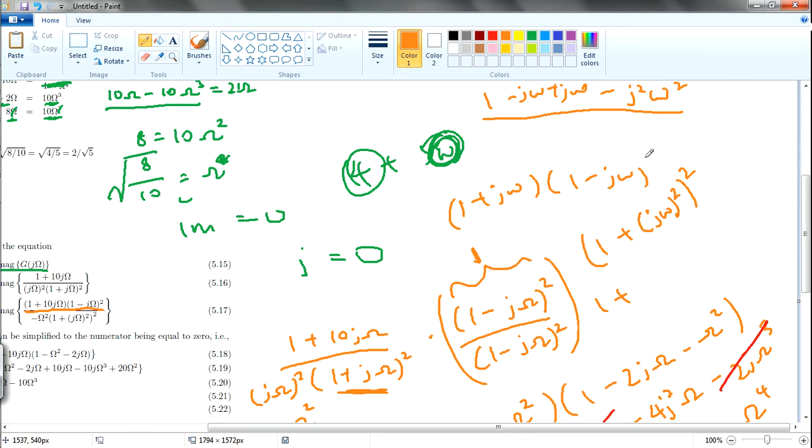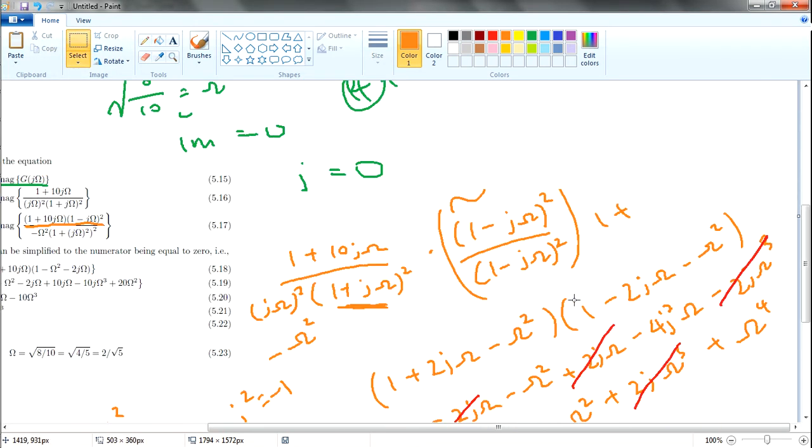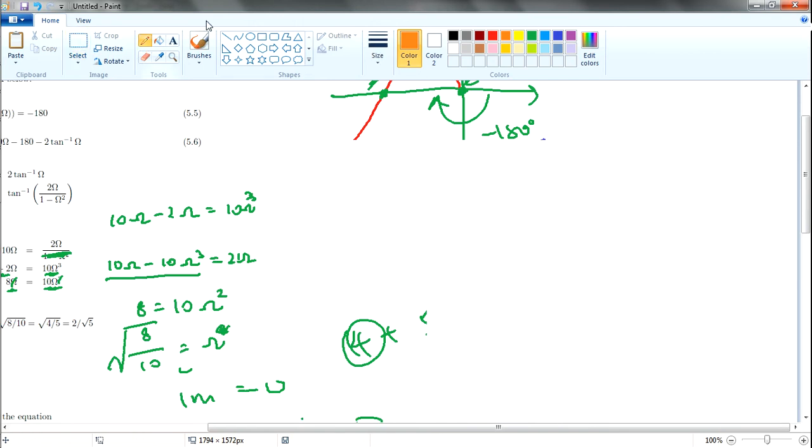Sorry, my fault. Let me redraw everything again. Let's say we have 1 plus j omega multiplied by 1 minus j omega. My result should be 1 squared minus j omega squared.